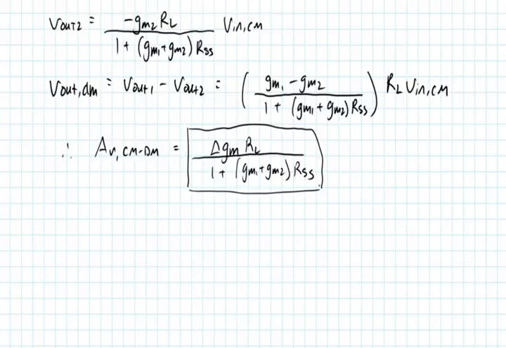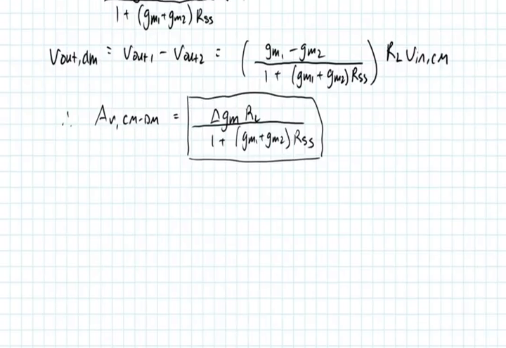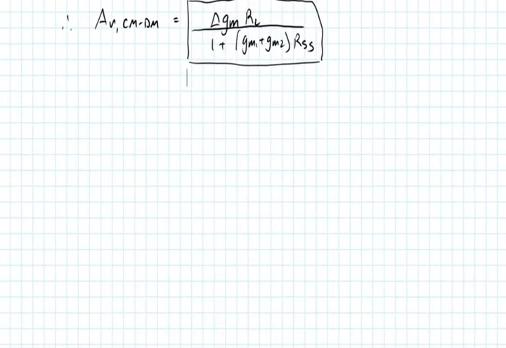Now, fortunately, it is gained down by an effective gain of GM times the small signal resistance of that current source element, RSS here, and so usually that's a fairly large number, but it's not always as large as we would like. Particularly as we get into these biomedical systems, we actually really demand enormous common mode rejection ratio for these circuits to operate really well.